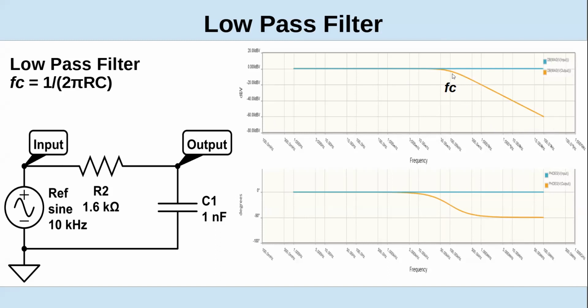It is right around 100 kilohertz, which I think is what I picked these for. And you can see that the slope goes down at, because we're plotting this in voltage, 20 dB per decade or 6 dB per octave.